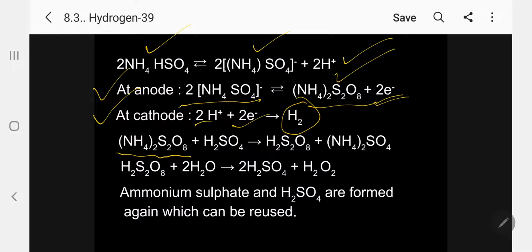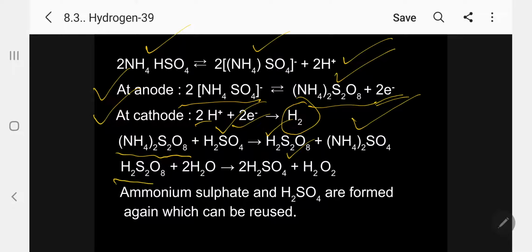The (NH4)2S2O8 that is formed at the anode reacts with sulfuric acid to produce H2S2O8. This is nothing but what we call oleum. Ammonium sulfate is coming out.